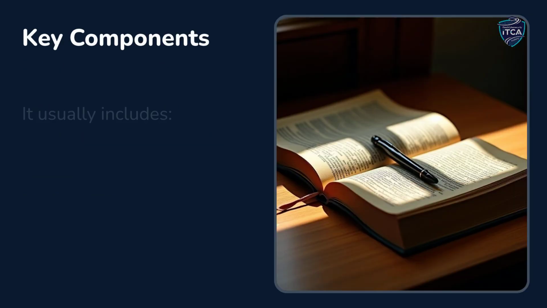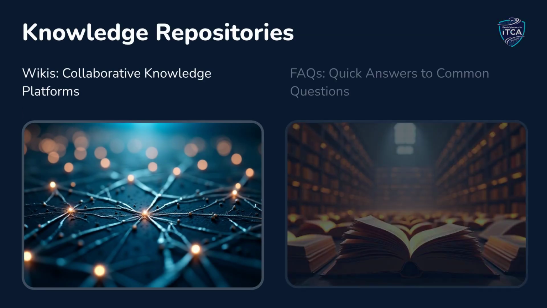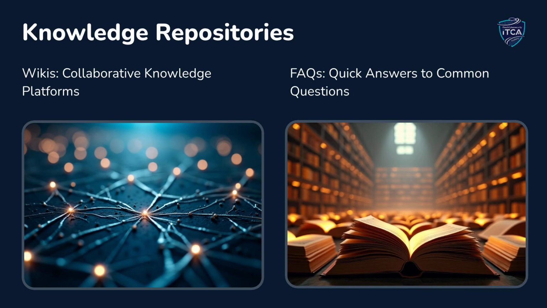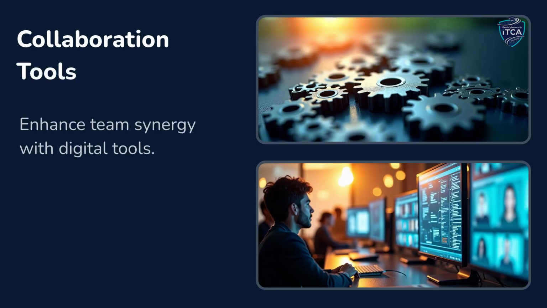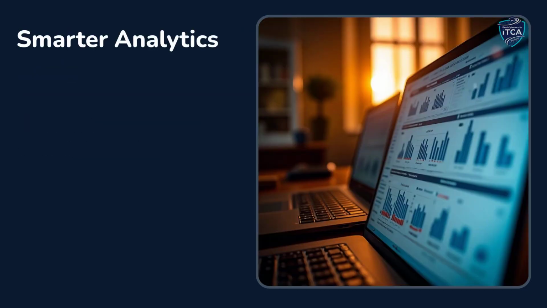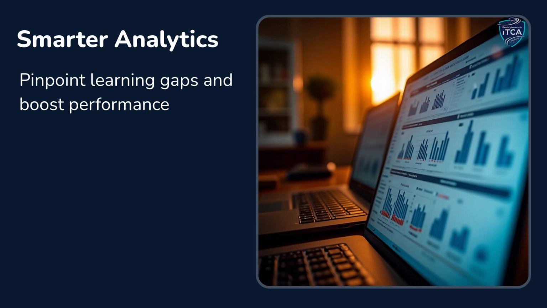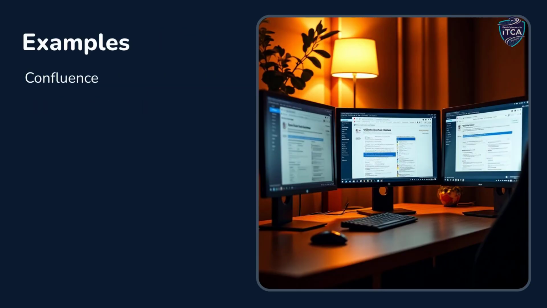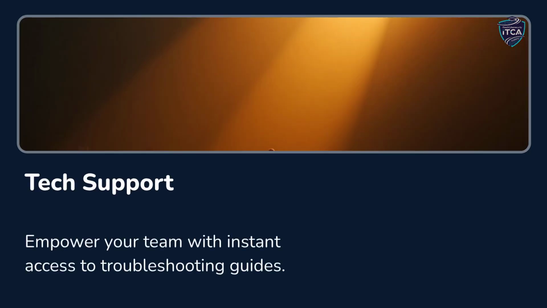It usually includes knowledge repositories like wikis and FAQs, collaboration tools for team discussions, analytics tools to identify gaps and improve learning. Examples include Confluence, Notion, and Google Workspace. A good use case? Tech support teams store troubleshooting guides in a KMS so staff can solve customer issues faster without reinventing the wheel every time.